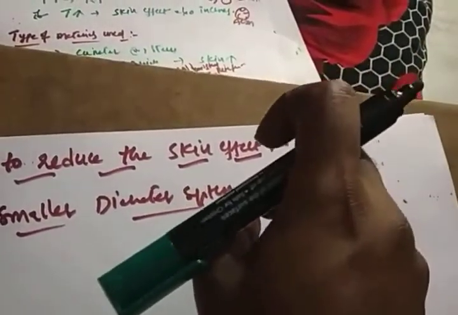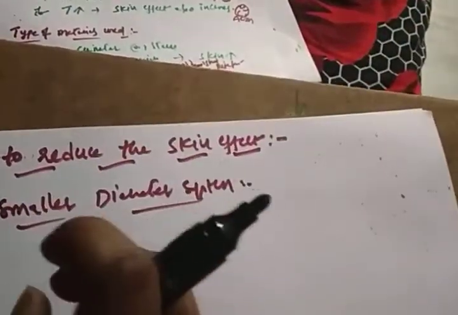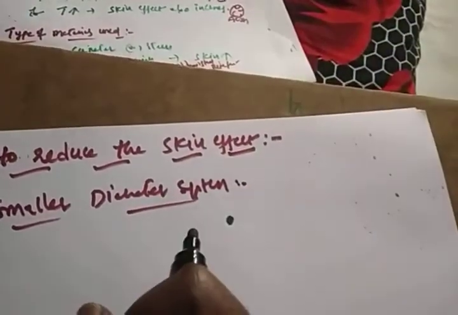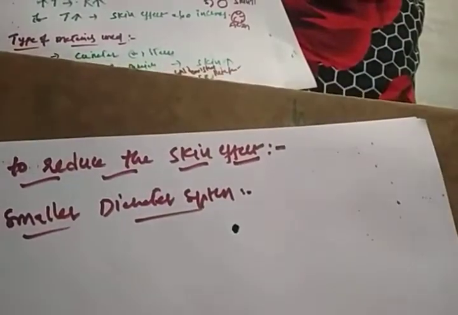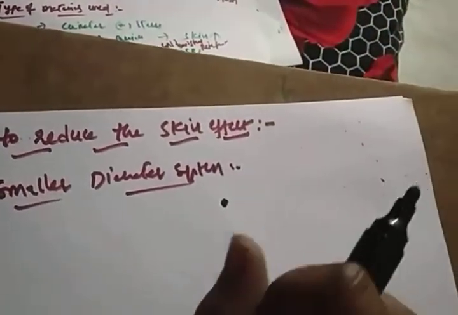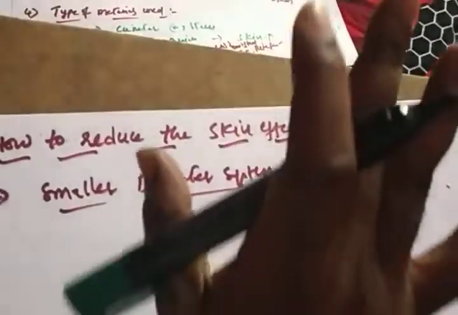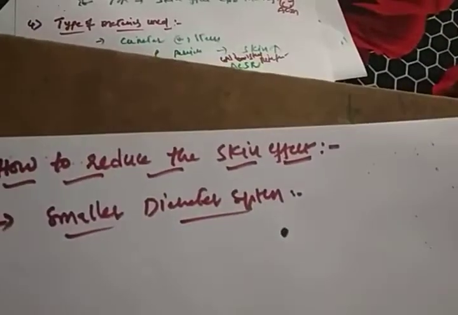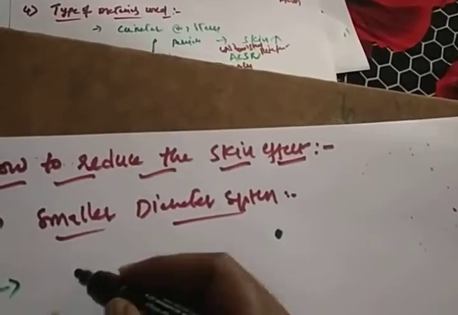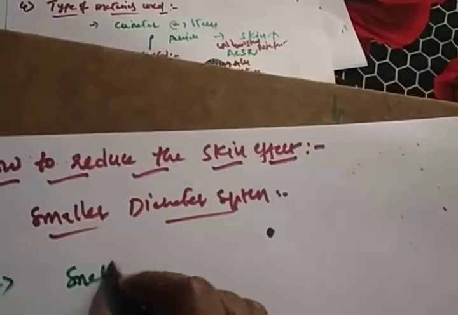If it is smaller, the center part is very small, so there will be no loss to the surface of the system. Always prefer a smaller diameter conductor to minimize the skin effect present in the system. So the first is a smaller diameter, and the second one is small thickness.